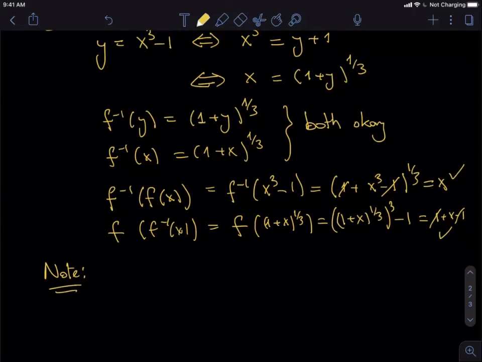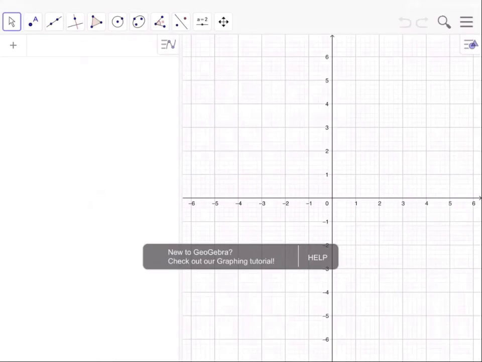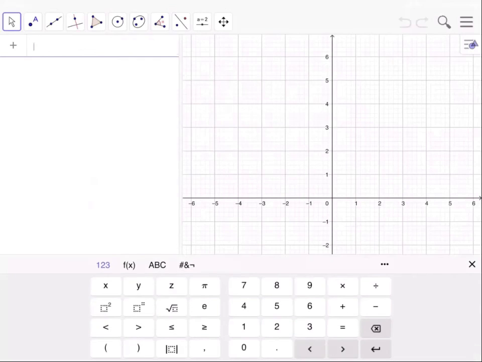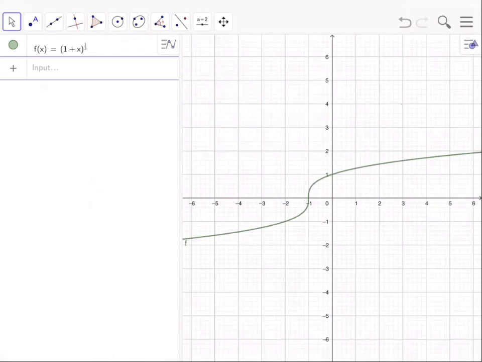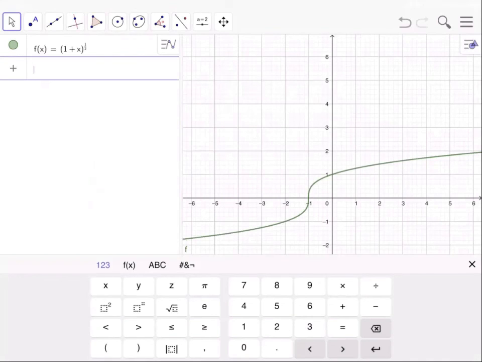Let me show you the graphs of the two functions. So let's start with 1 plus x to the power 3, to the power 1/3. This was the inverse. And then let's add the function itself, that was x to the power 3 minus 1.